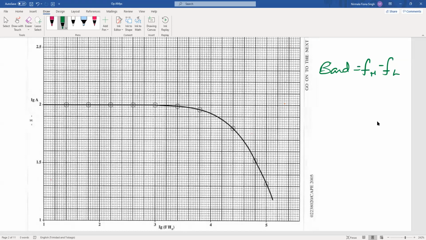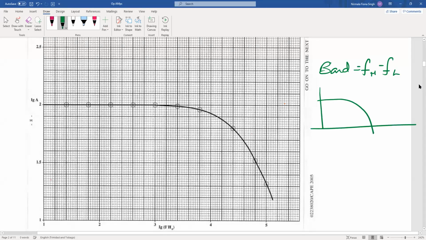And where do we get FH and FL? FH and FL are the intercepts of your graph of AV over root of 2. That is where we get our FH and our FL. So our FL will be right here, since we don't have it, and our FH will be in this spot here. So this will be FL, since we're taking it at this point here. And we will get our FH, or in this case, we can just read our FH value.